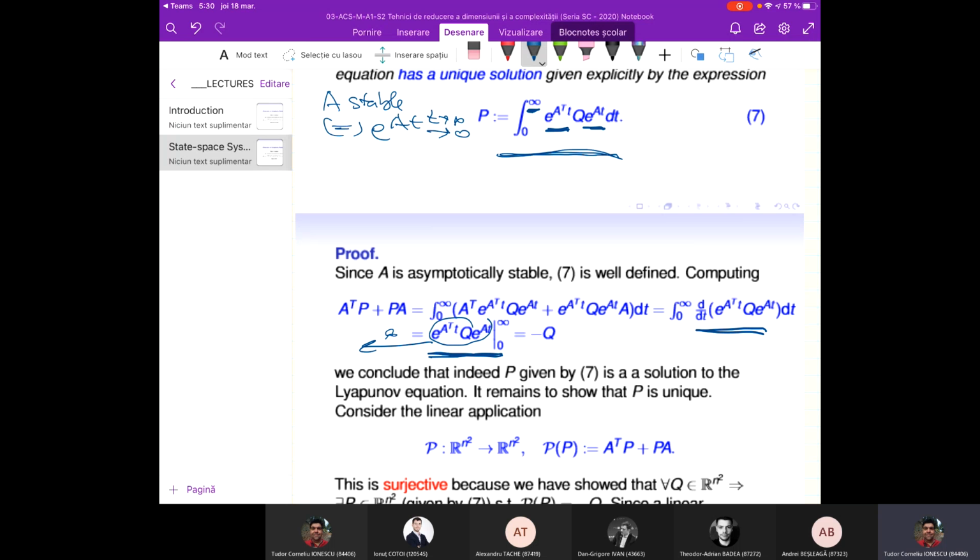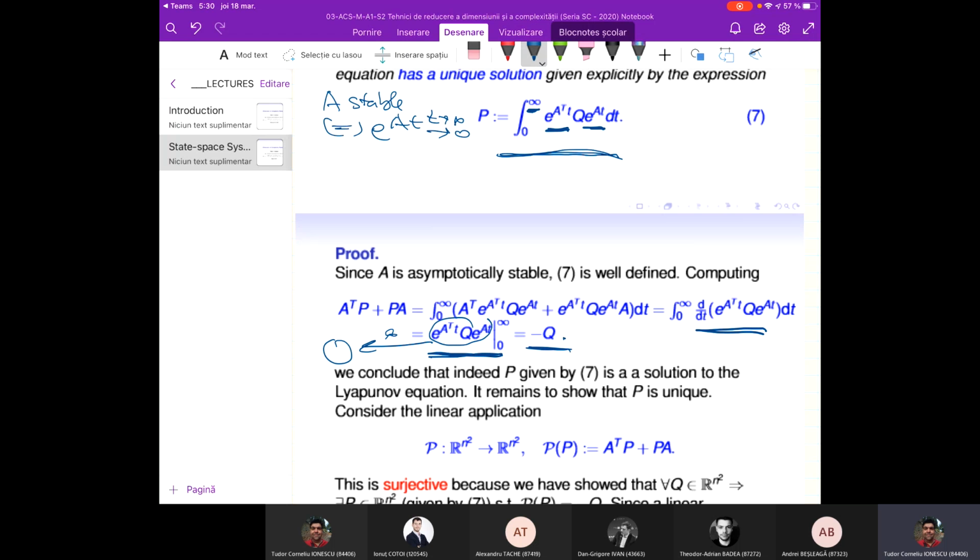Q is a constant matrix, and A is an asymptotically stable matrix. The value at infinity is 0. Minus e^{A0} is 1, so minus Q. Yes, okay, so this is minus Q. Fine, so indeed, P is the solution of the Lyapunov equation.